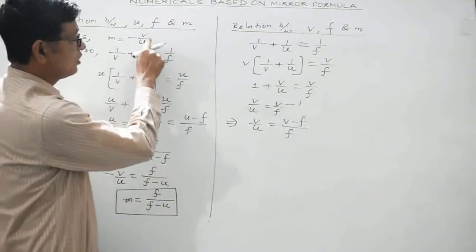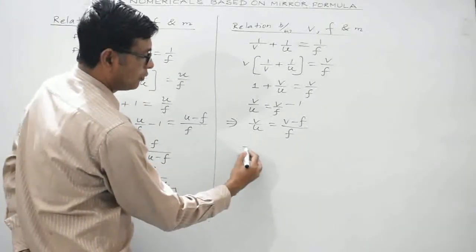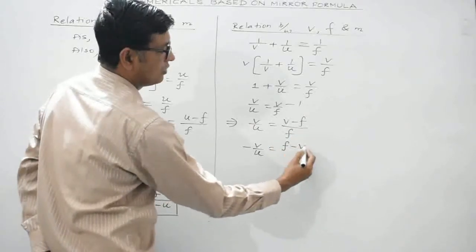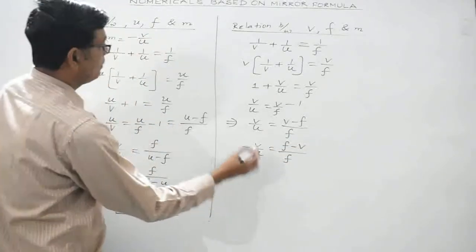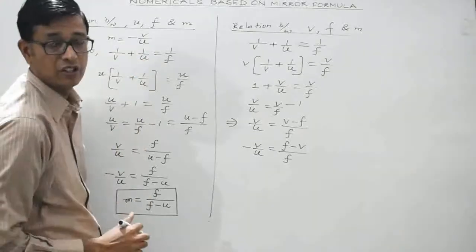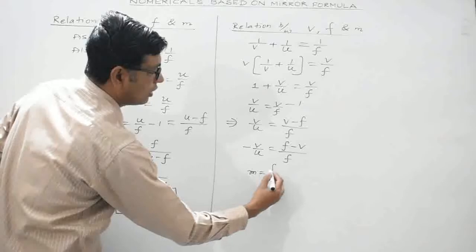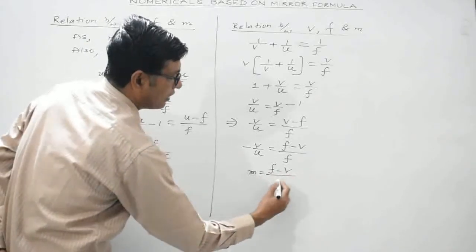Now linear magnification is minus v by u. So if you put a negative sign here, then these two terms will need to get interchanged. So minus v by u is the linear magnification denoted by small letter m. So m would be equal to f minus v divided by f.